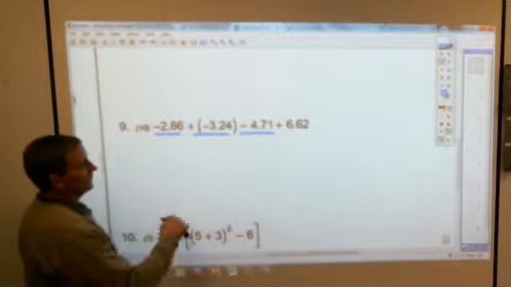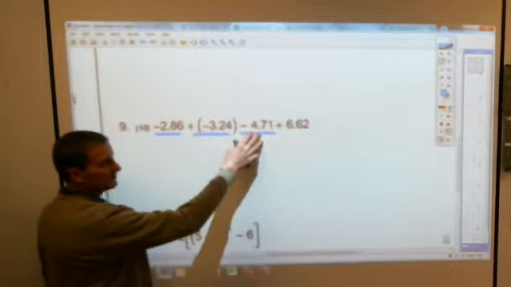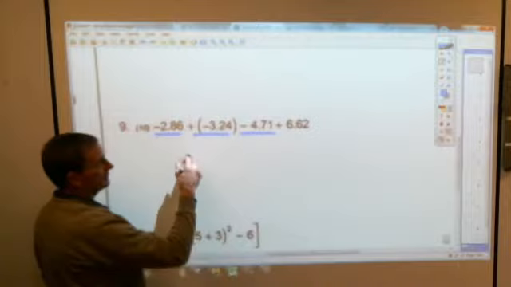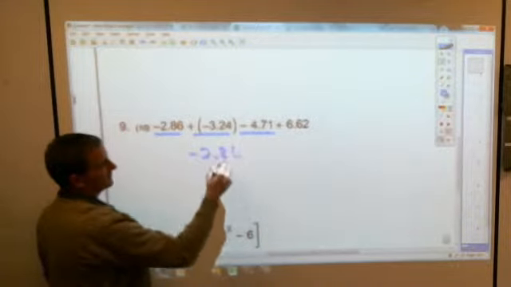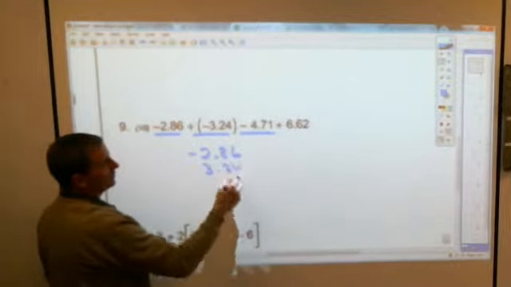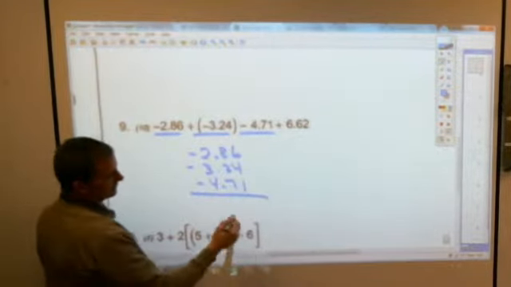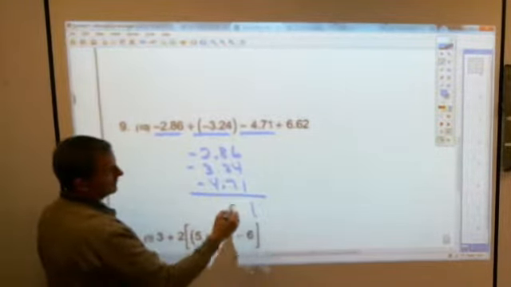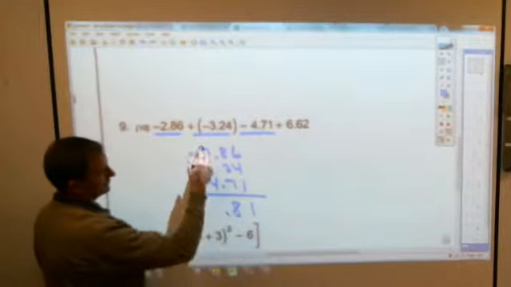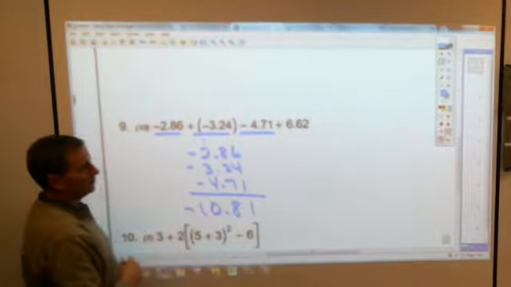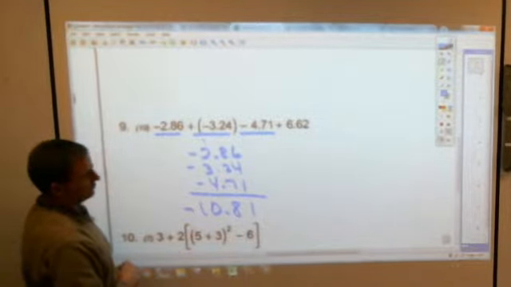You know what I'm saying? You with me here? So even though there's negative signs in front of it, you're gonna add to get how much negative you are. Negative 2.86, 3.24, 4.71. These are all negatives. You add all those together, which is 10.81. This is how much you are to the bad, I hope. 6, 9, 10.